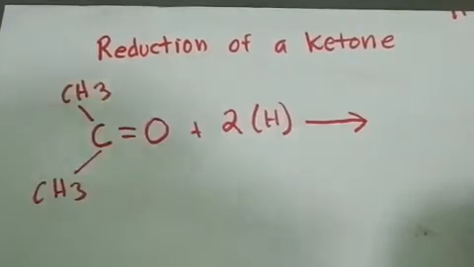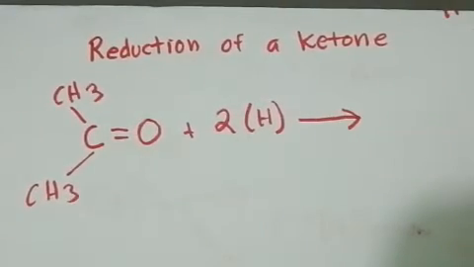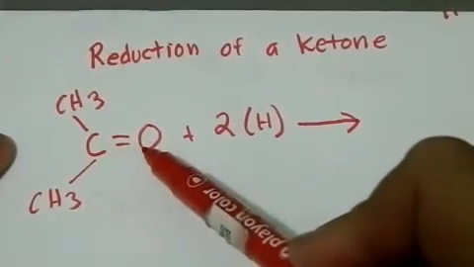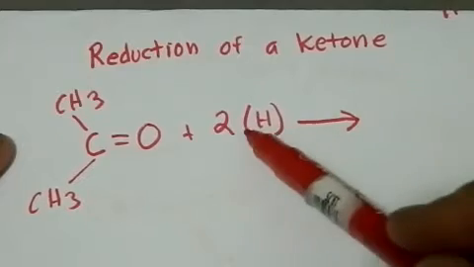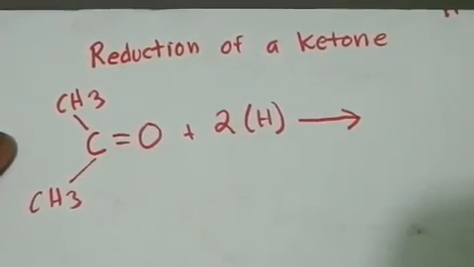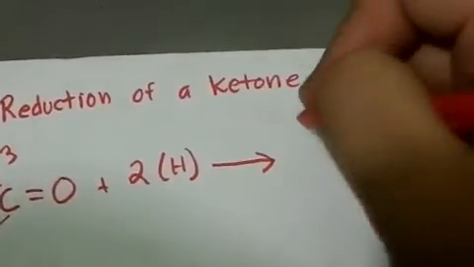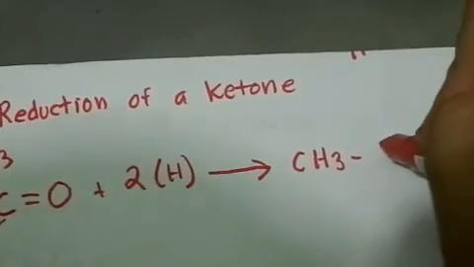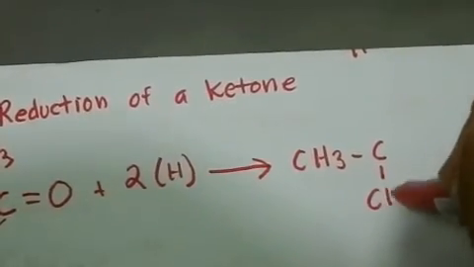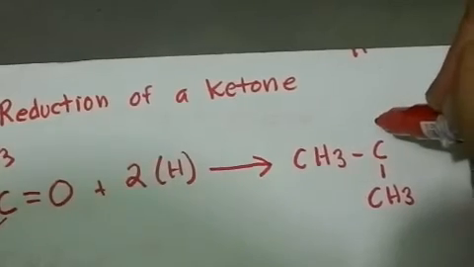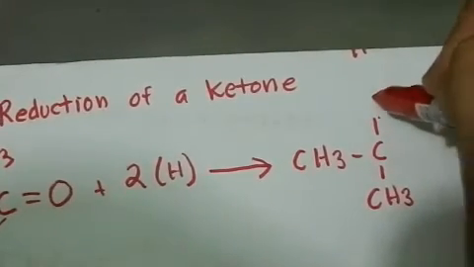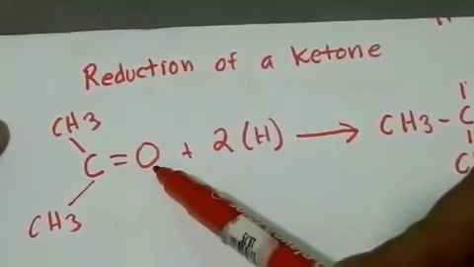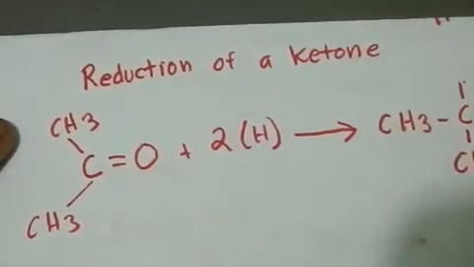Now we're going to be reducing this ketone. The first thing we notice is that there's a double bond to the O, and that we need to distribute these two hydrogens. Let's keep that in mind. Let's write out the structure here. As you can see, we have a double bond connected to the oxygen.